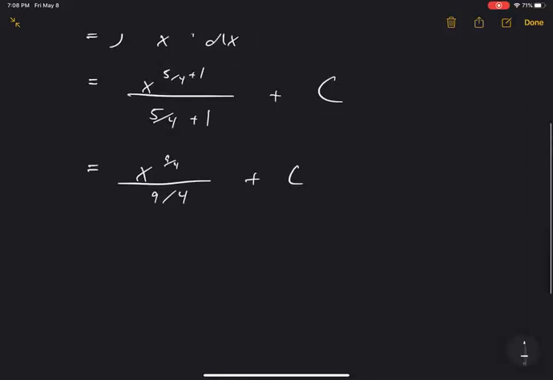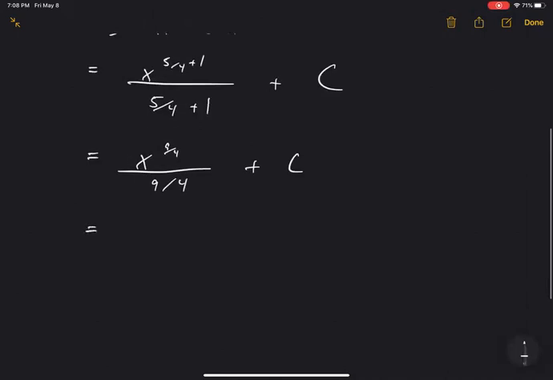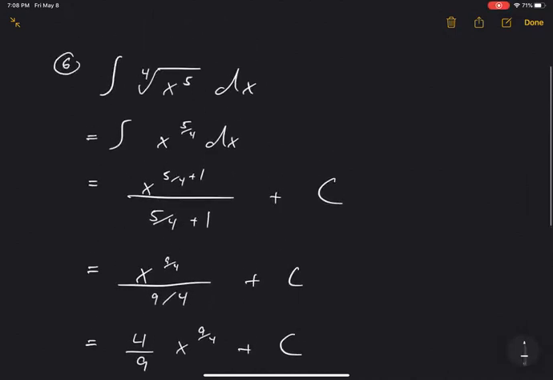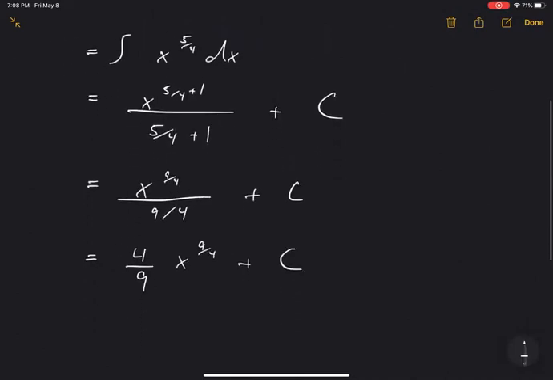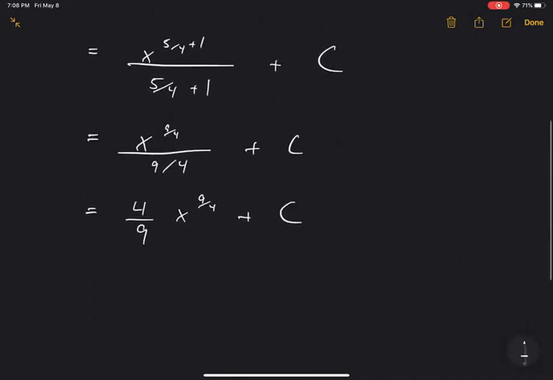And remember, when we divide by a fraction, that's the same thing as multiplying by the reciprocal. So this should be our antiderivative. And since our original problem was an indefinite integral, meaning we didn't have any bounds on our integral, the answer we're looking for is just a function, an antiderivative, and we have the plus c, our constant of integration.